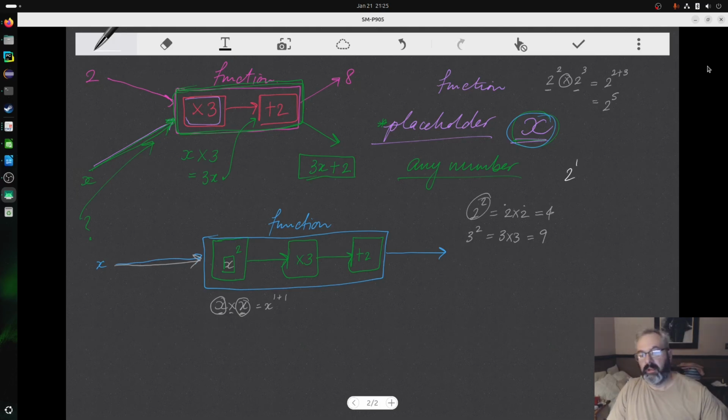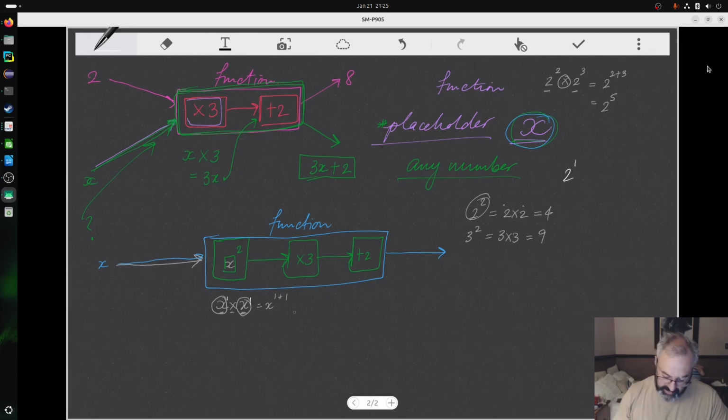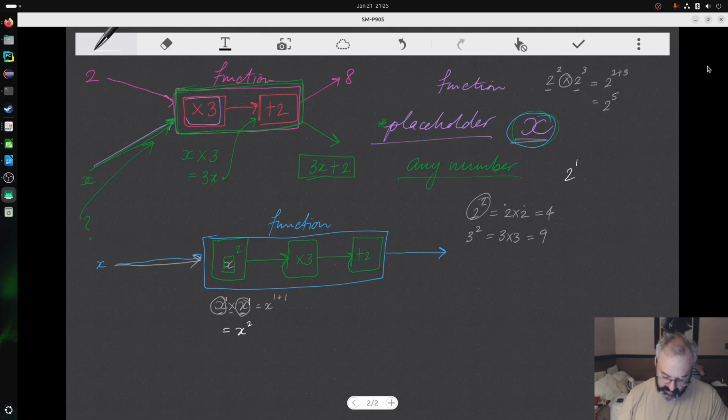So we have x to the power of 1 multiplied by x to the power of 1, and that's going to give me x to the power of 1 plus 1, which in the end is the same as x squared, or x to the power of 2. Now we take our x squared and we put it into the multiply by 3 block.